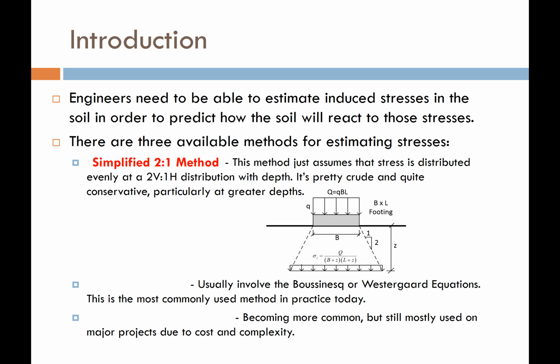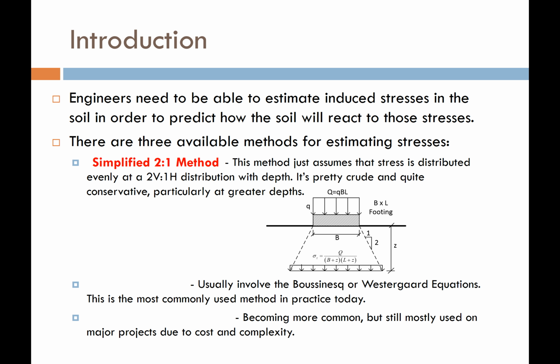Now this approach is super easy. All we're going to do is use this equation right here, where we say that the change in the vertical stress is equal to the induced load on the ground surface divided by the area, the width plus the depth times the length plus the depth. So if we use that equation, we can come up with a very crude approach.